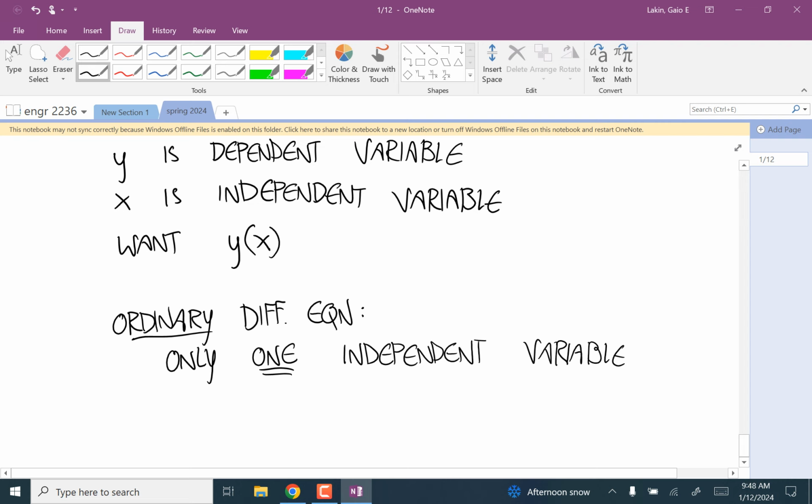Like in our case, we're going to have ordinary differential equations because everything for us is going to have the one independent variable t. This is going to be t for us. So everything for us is going to be ordinary.